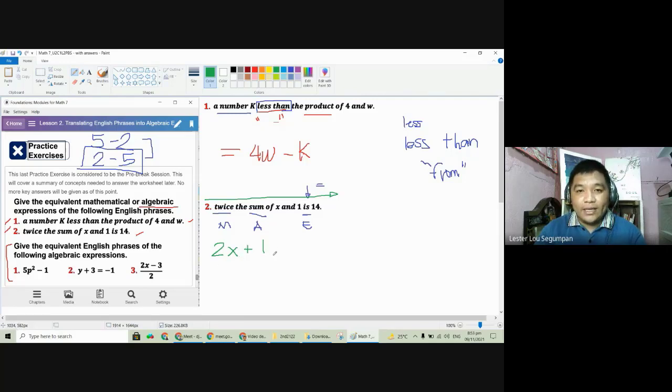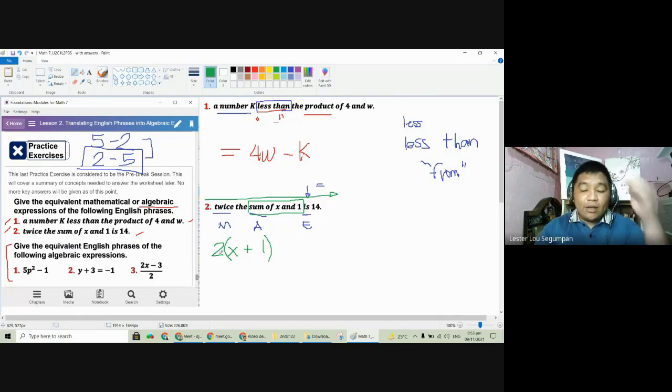and 1. What makes this different from the original statement given is that the original tells us we are doubling, meaning there's a factor of 2 to the sum of x and 1. This means we start first with the sum of x and 1 and twice it or double it. This means there is a grouping symbol here that represents the sum first.